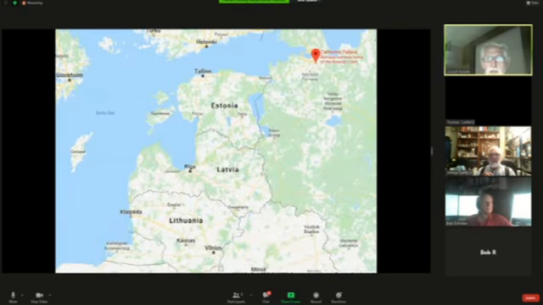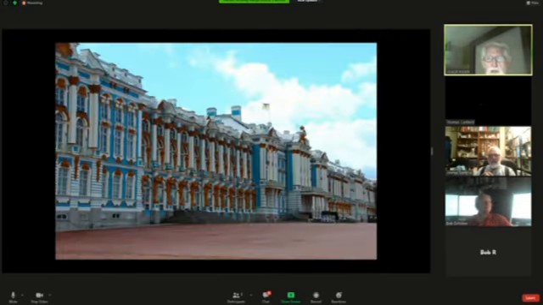So there you see the eastern end of the Baltic Sea. And so there now, where you see that red balloon-shaped marker is where St. Petersburg was located. And then south of St. Petersburg, Catherine, a subsequent ruler of Russia, a couple generations after Peter, built her big palace for a summer residence and built this humble little dwelling, as you see here.